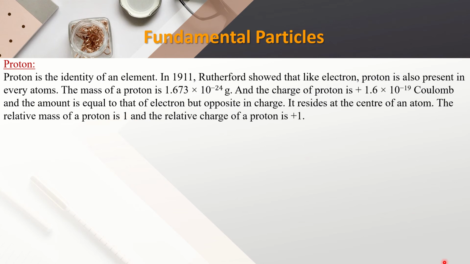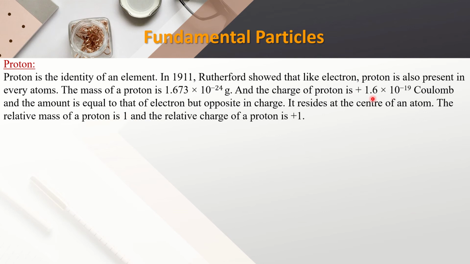In 1911, Rutherford showed that, like electron, proton is also present in every atom. The mass of a proton is 1.673 × 10^-24 gram. And the charge of proton is +1.6 × 10^-19 coulomb.